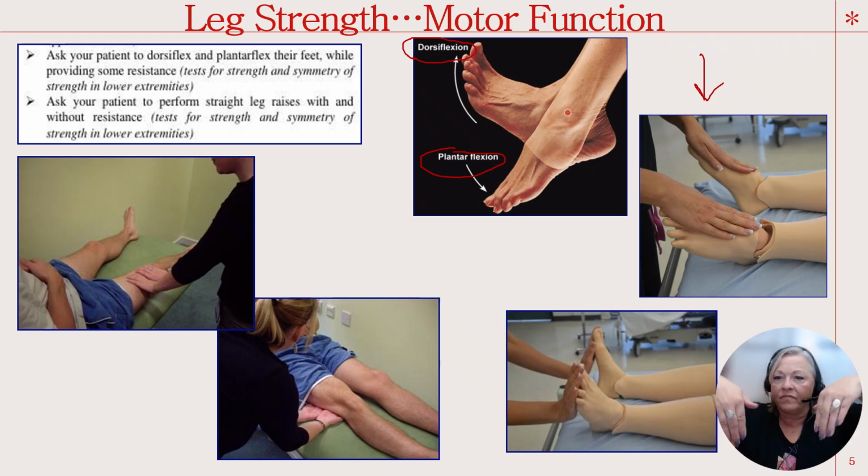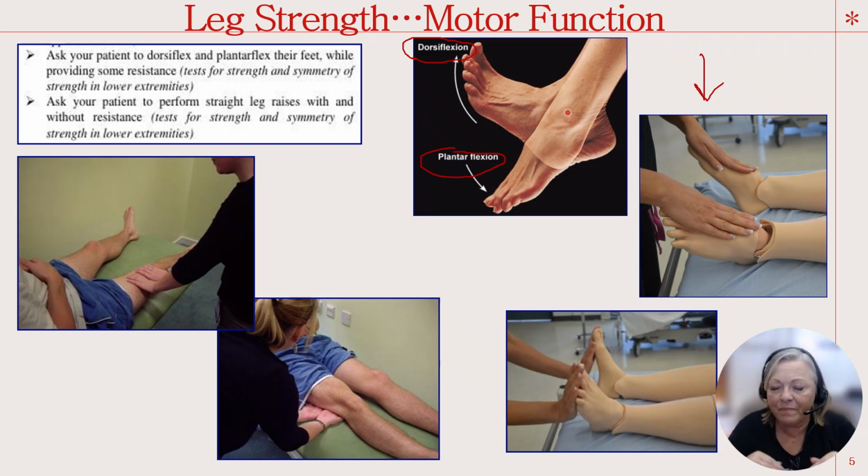You should have the patient have their foot in as neutral a position as it can be. And then you're gently going to put your hands on the top, and you're going to get them to dorsiflex. And as they're trying to dorsiflex, pushing their toes up to the ceiling, you're putting some pressure.